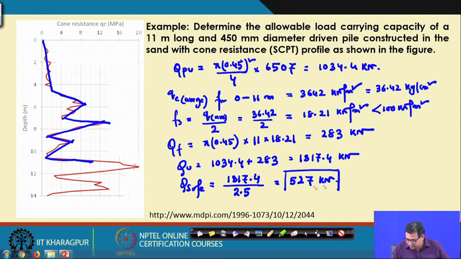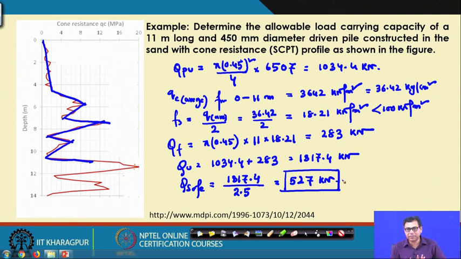This is the total load carrying capacity of the pile, and QU safe load carrying capacity is 527 kilonewton. So, this is the first method.